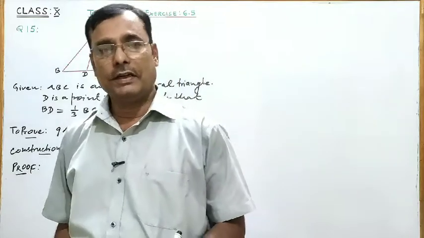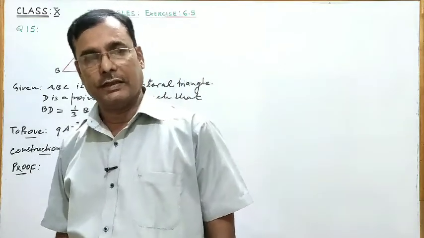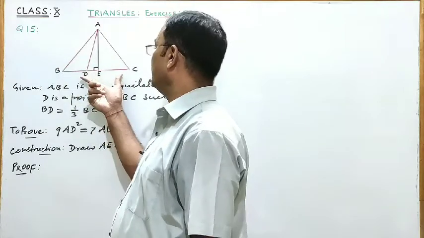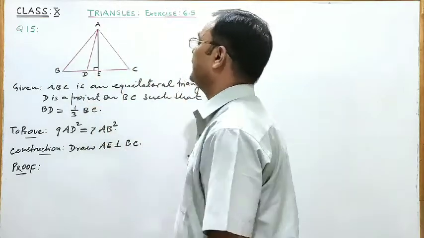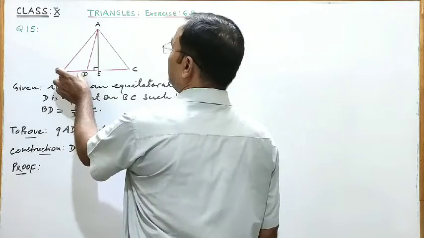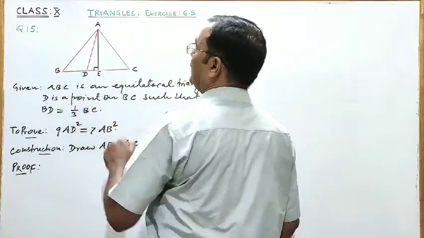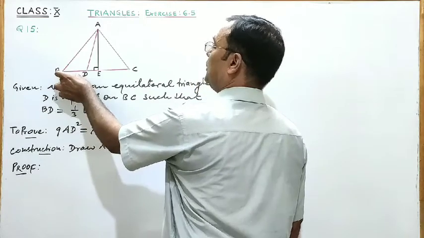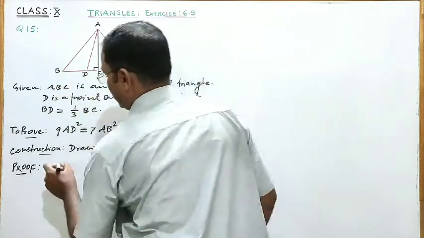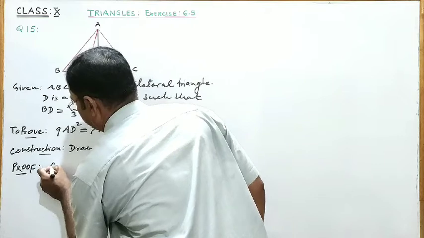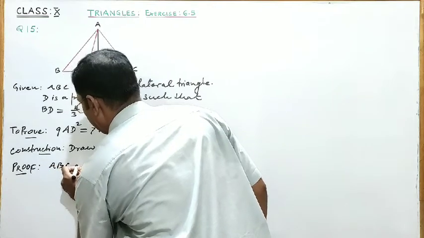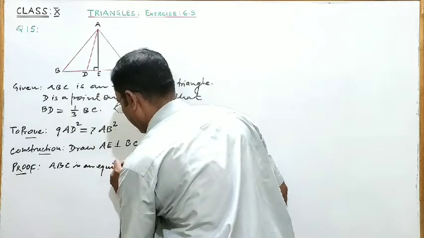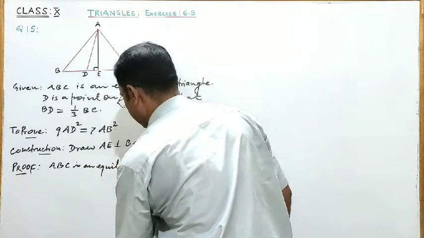Here triangle ABC is an equilateral triangle, so all three sides will be equal, that is AB is equal to BC is equal to AC. And also given BD is equal to 1/3 of BC. ABC is an equilateral triangle, it is given.